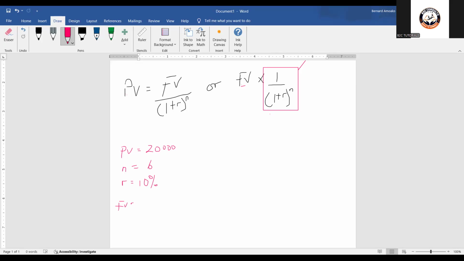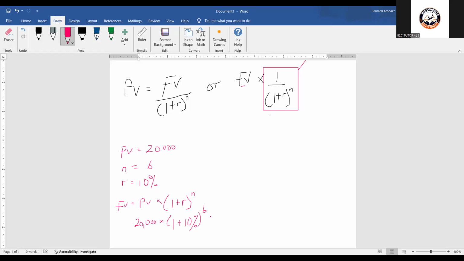Once this comes to mind, you know your formula is present value multiplied by (1 + r) raised to the power n, where PV is 20,000, 1 is still 1, r happens to be 10%, and lastly n, the number of years, is 6 years.